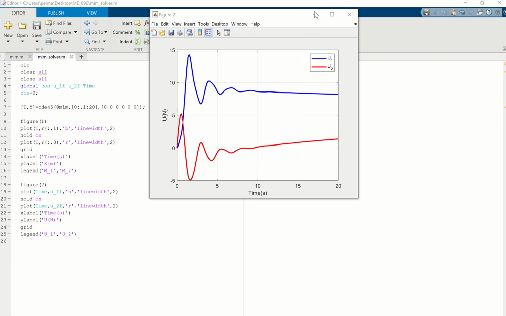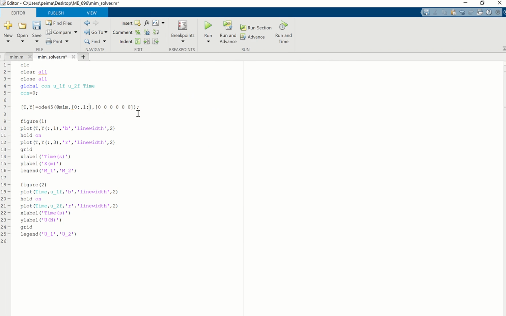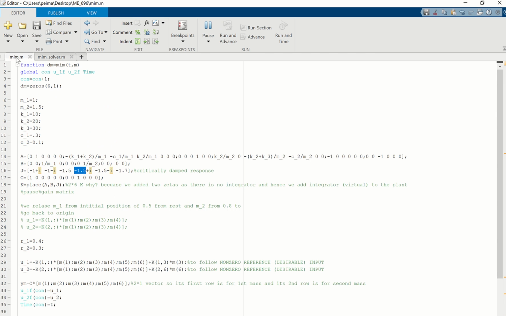See, 0.4 and 0.3. Maybe the problem nature is too much. Let us see 100. No, this is an underdamped response, right? Because you have oscillation in the transient response.